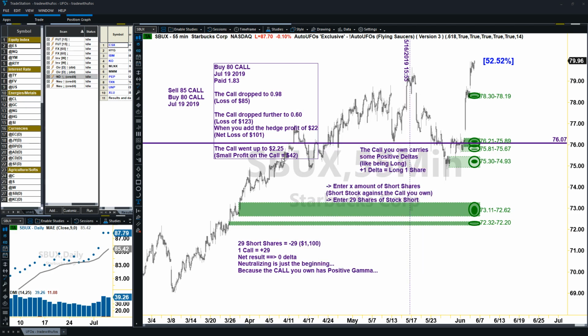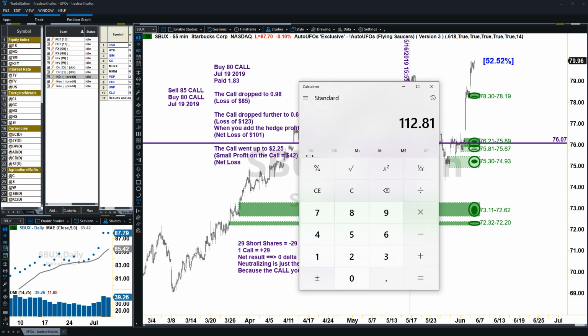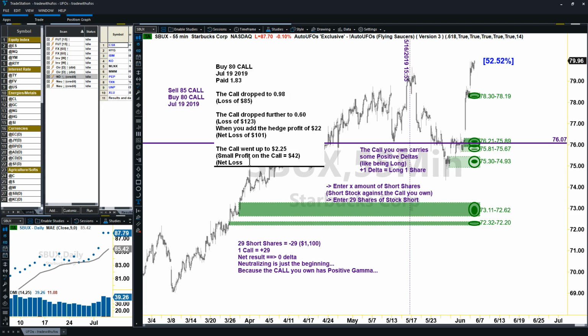So the net loss is 112 minus 42. You're losing 112 on the stock, you are making 42 on the call, so you are now losing 70. Again, net loss of 70.